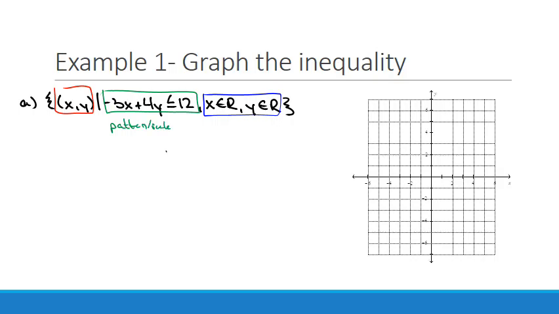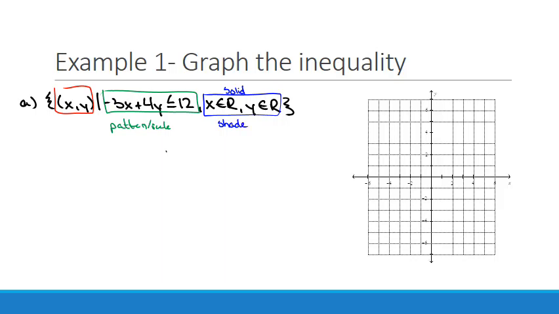And then the blue is just telling you, is it discrete or continuous data? So we still have that going on, and that's going to involve our shading. So I'll have to explain that a little bit more. But if it's real numbers, we can draw a solid line first of all. And then we can shade in later on.